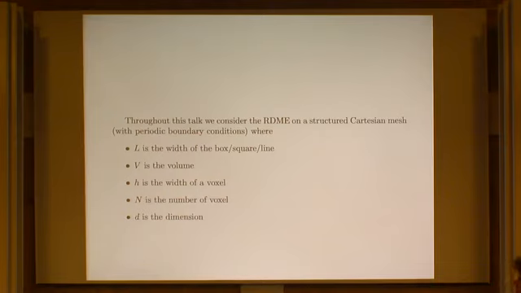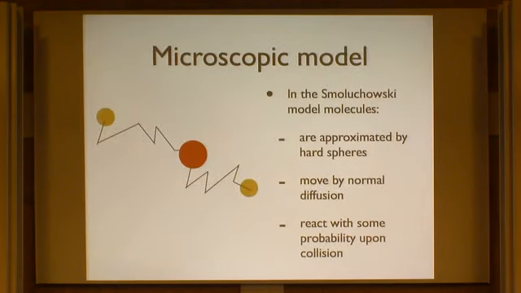So L will denote the width of our box or square or line. V will be the volume. H is the width of a voxel, so we'll call that the voxel size. N is the number of voxels, and D will be the dimension.